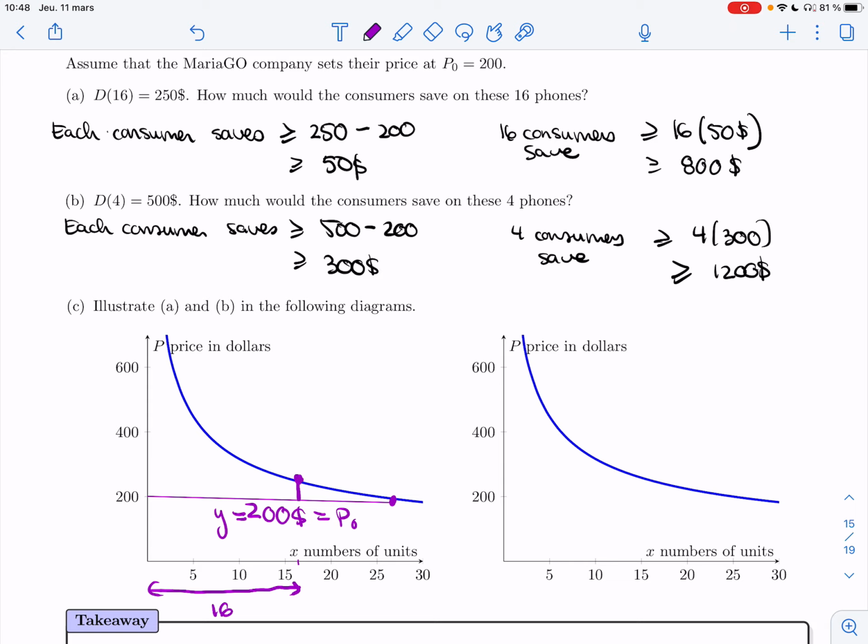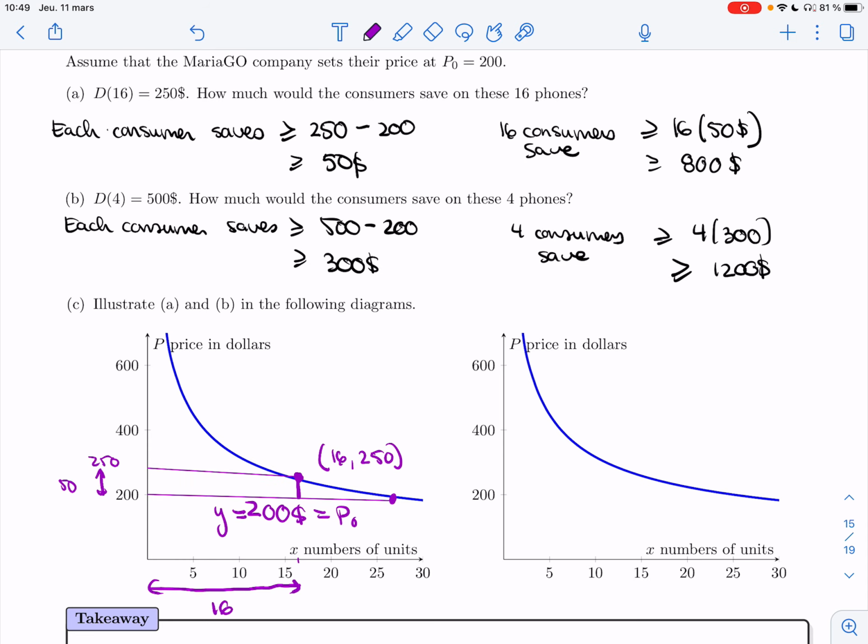Now we know that this point is 16,250. So we know that this height here is 50. That's the 50 that each of the consumers that we're talking about saves.